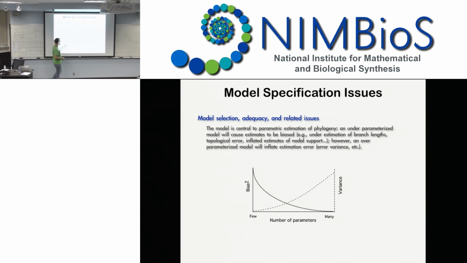So the best idea would be that we're somewhere in the middle, between having too few parameters and therefore a large bias, and not too many parameters, so that we're not overfitting to the data. This is the goal of model selection, if we're interested in finding the best fitting model.